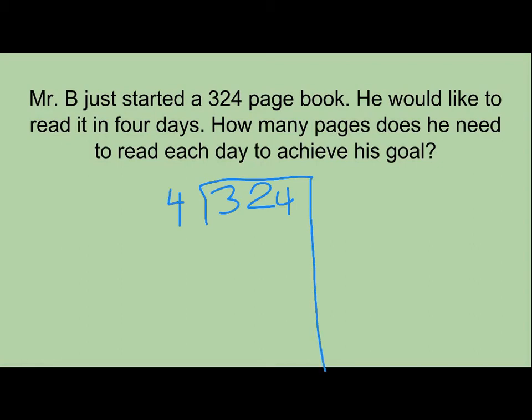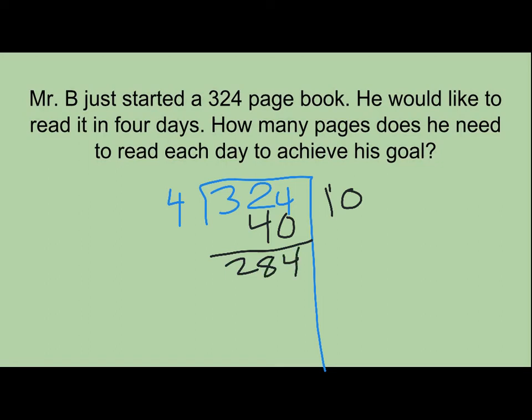Now, I have to start thinking, can I pull a group of 100 fours out? Well, I can't, because 100 fours would be 400, and this is less than 400. So can I pull a group of 10 out? Well, I can. So I can pull out 40. And that's going to give me a difference of 284.